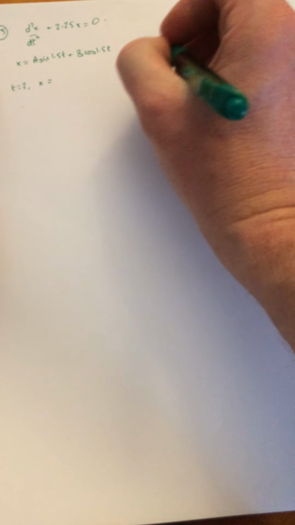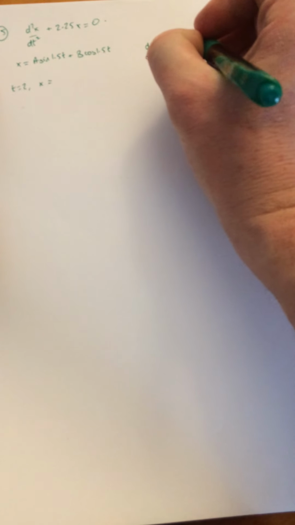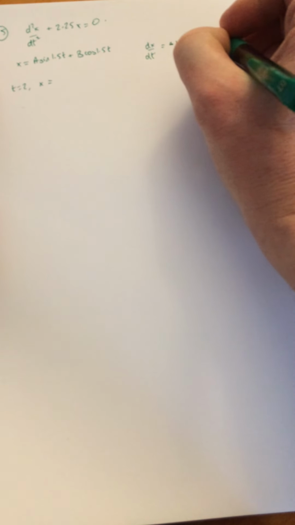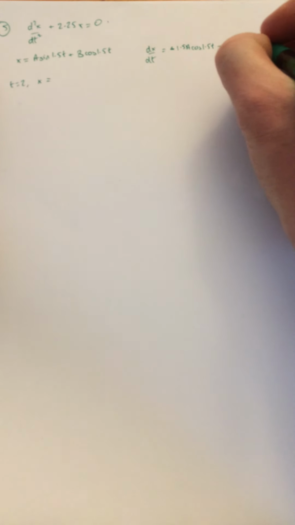I haven't differentiated it, so I'll differentiate it now. dx with dt equals 1.5a cos 1.5t minus 1.5b sine 1.5t. Is that right? Yeah.